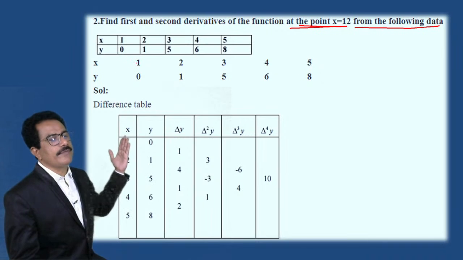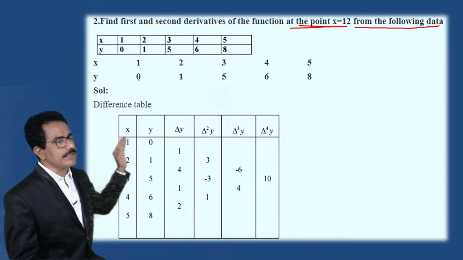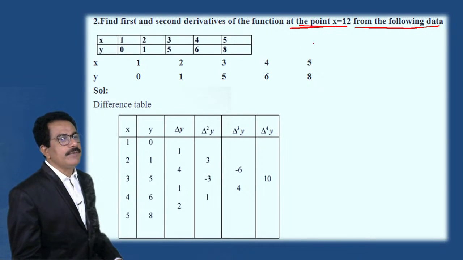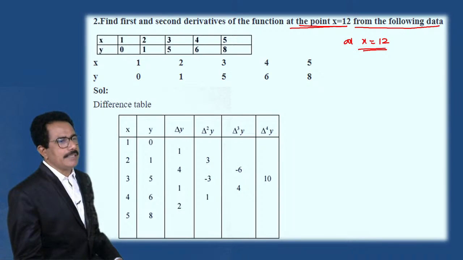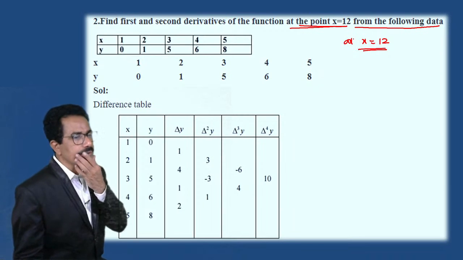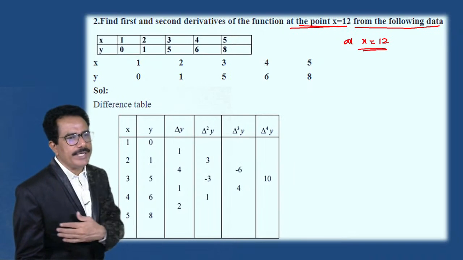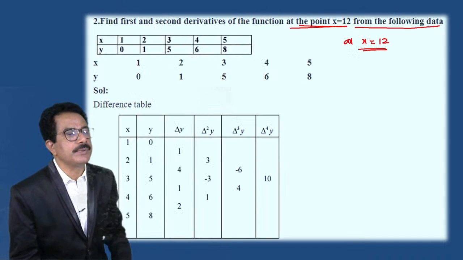That is, for the values of x 1, 2, 3, 4, 5, the values of y are 0, 1, 5, 6, 8. Then we have to find at x is equal to 12. Now it has to be found for x is equal to 12. Oh, it should not be 12 here, it should be 1.2.